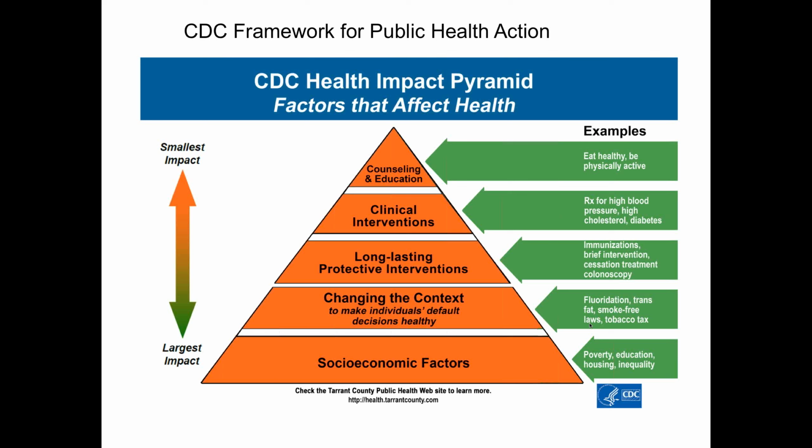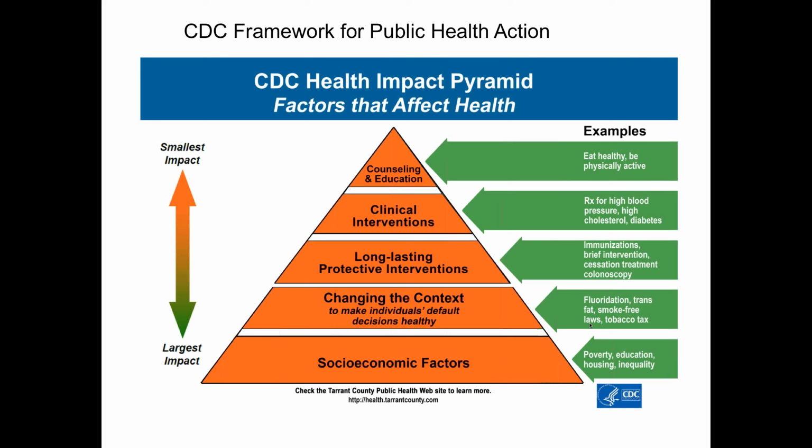So counseling and education does not have as large an impact as things towards the bottom, like changing the environmental context and socioeconomic factors. And over on the right, I've given examples of the types of strategies that would be at each of the steps of this pyramid.